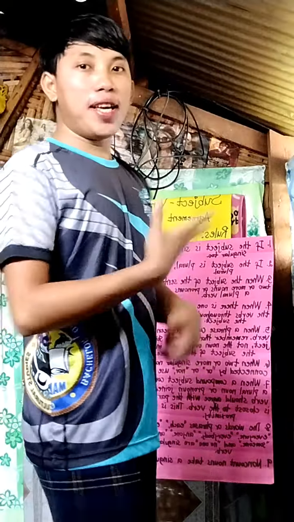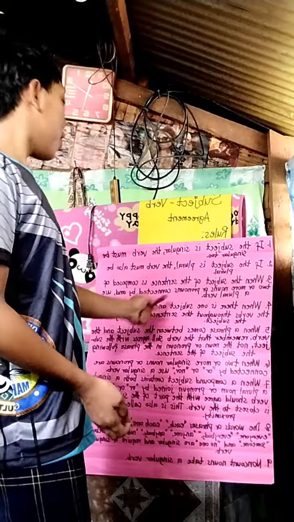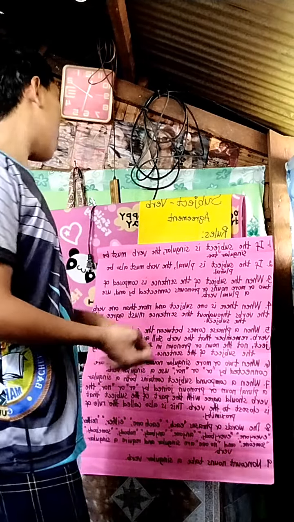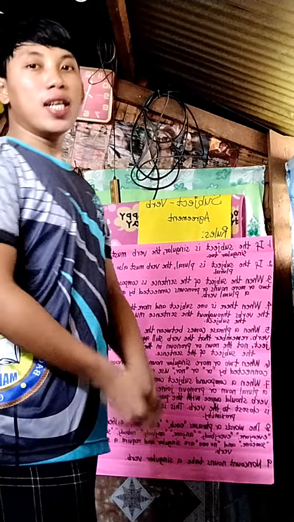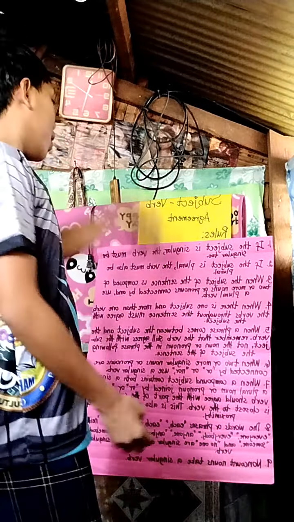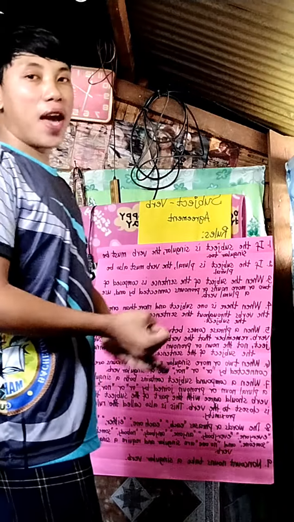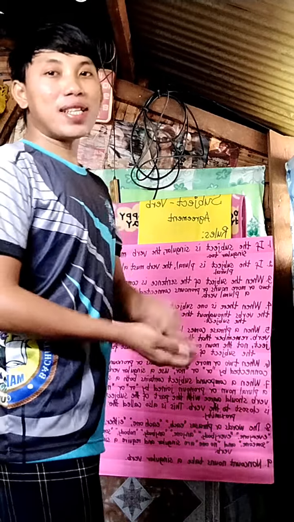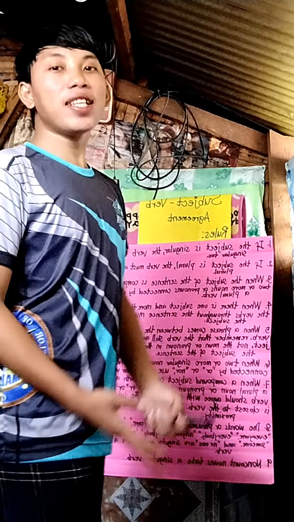The fourth rule is, when there is one subject and more than one verb, the verbs throughout the sentence must agree with the subject. So rule number 4 says that if there is one subject and more than one verb, the verbs must agree with the subject, just like the example.